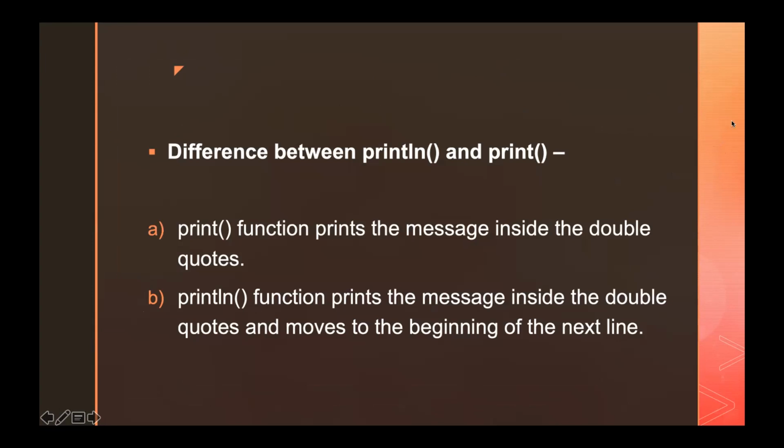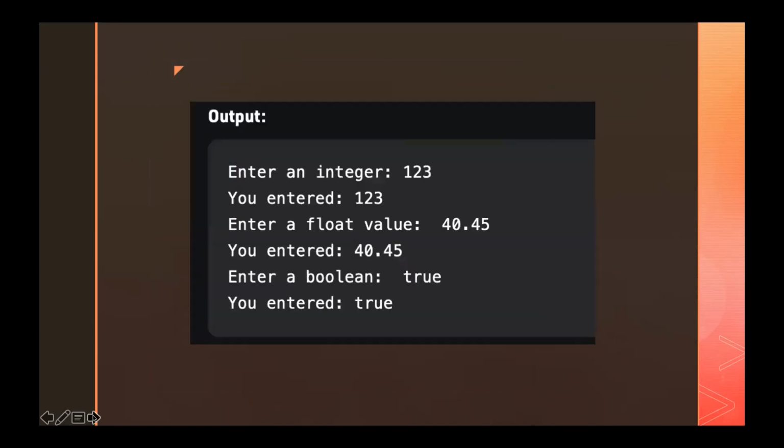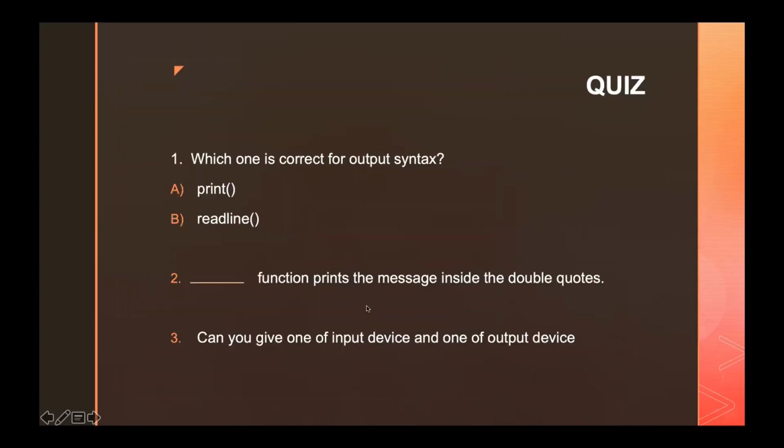The print line function prints the message inside the double quote and moves to the beginning of the next line. So the answer is print.